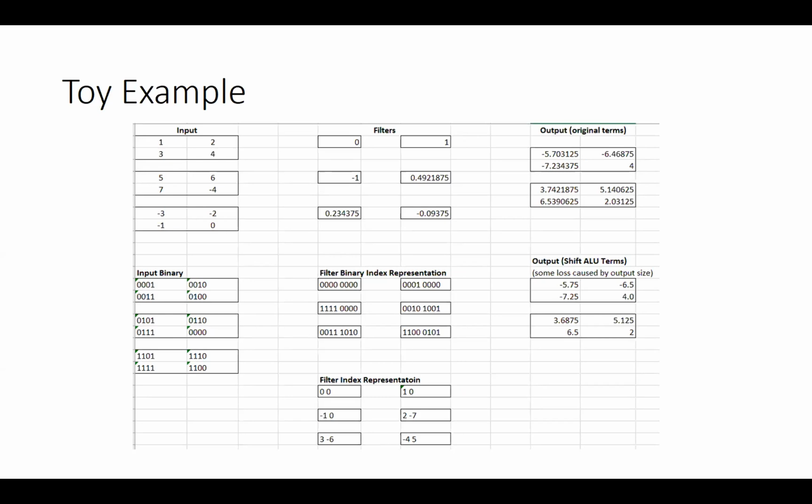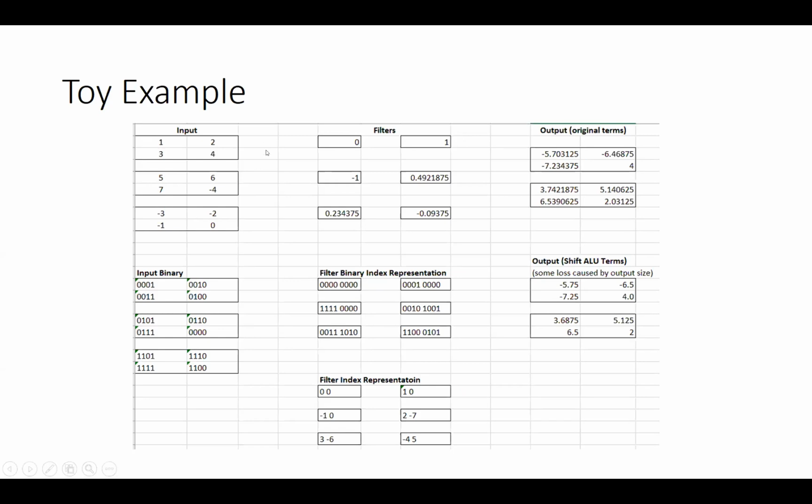So I'll just briefly tell you what is going on here. On the left side, you can see those three columns, which are basically the channels. There are three input channels with a width and breadth of 2, so that is 2 into 2 input channels. Then we have two sets of filters. One is basically 0, minus 1, and 0.234375, and the second one is the one you can see towards the right.